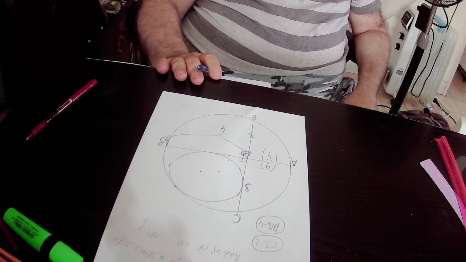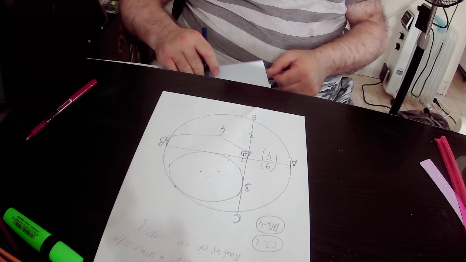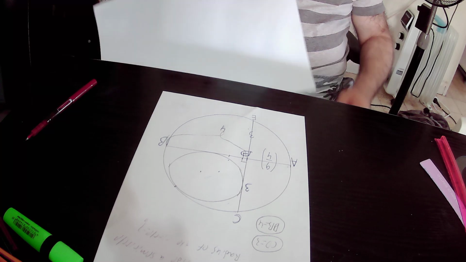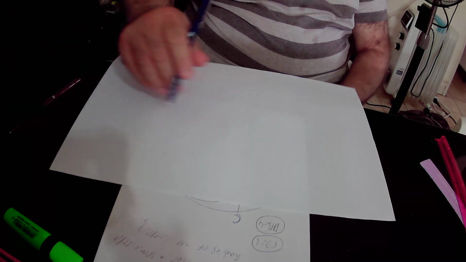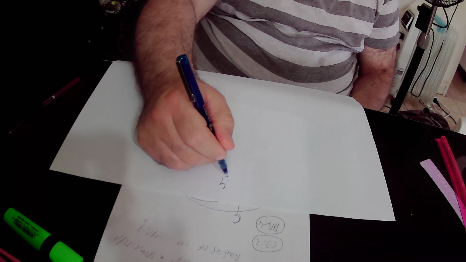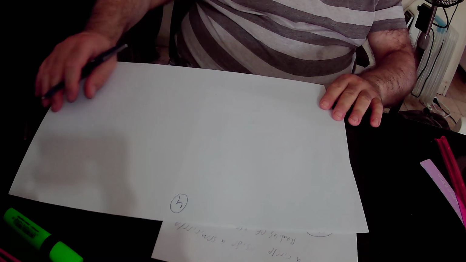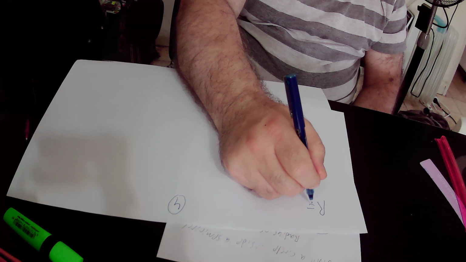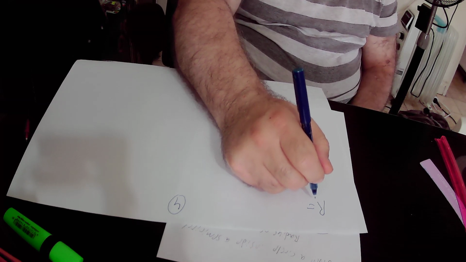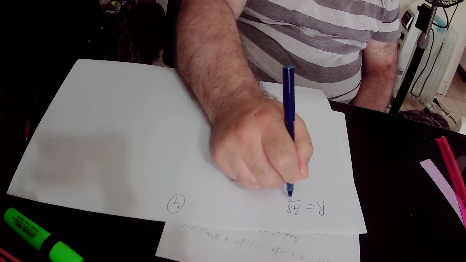We define the radius of the big circle and the radius of the semicircle as capital R, and we will get that capital R equals to AB over 2. Okay?